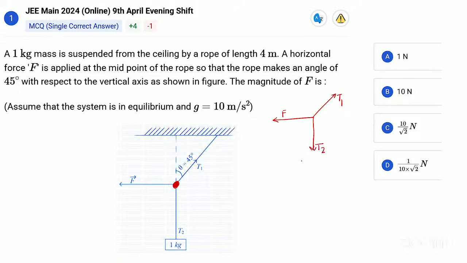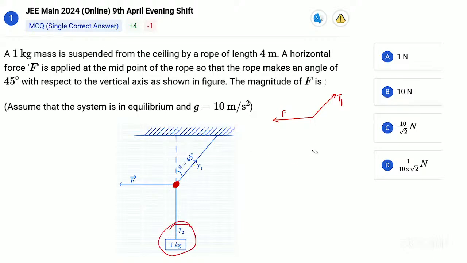ठीक है, अब देखो T2 नीचे की तरफ हो गया ऊपर की तरफ, that is also a question. देखो, we know that we are pulling this string in the downward direction, so string will pull this system in the upward direction. But if you will see, this is the weight force.